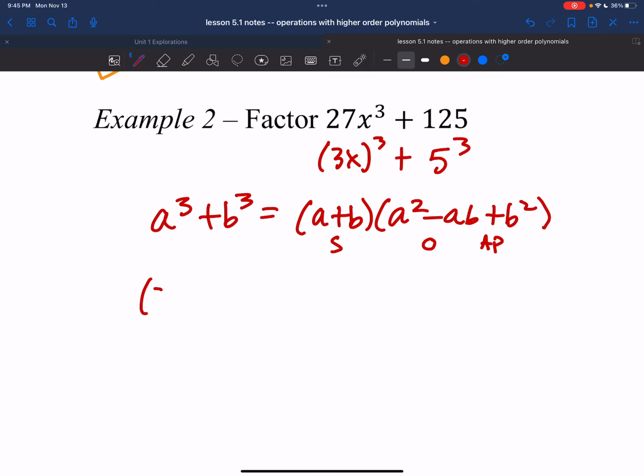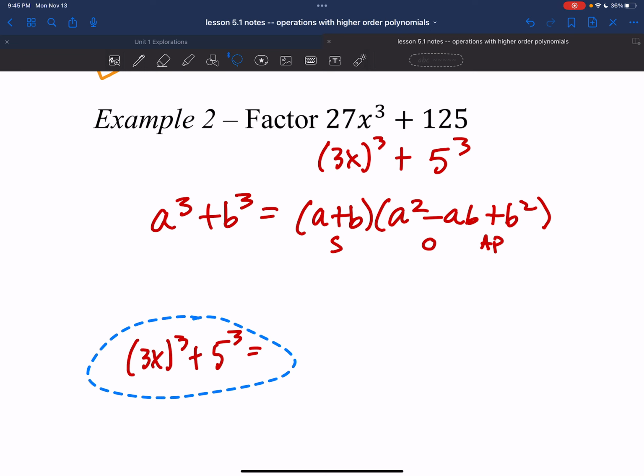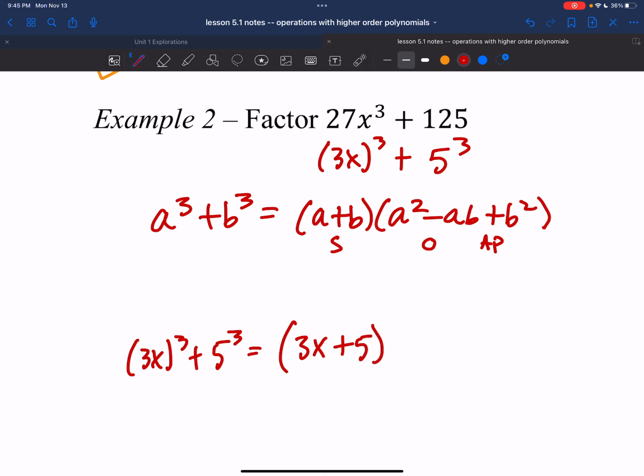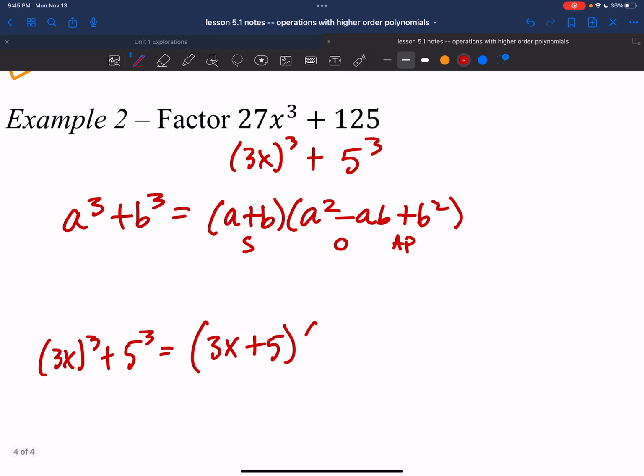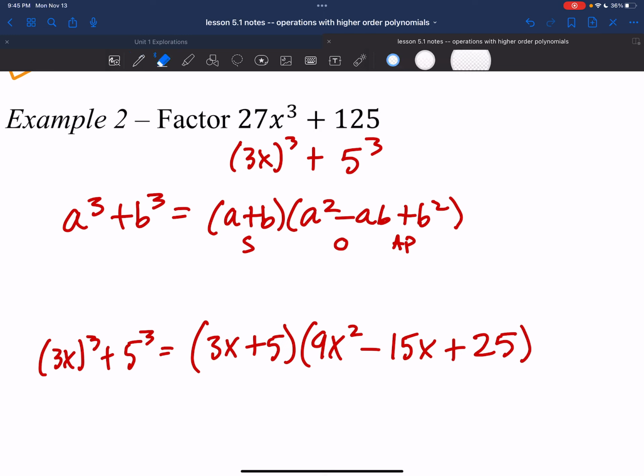So then 3x cubed plus 5 cubed factors as, well, a is 3x plus b is 5. Now think 3x squared is 9x squared because it's 3x times itself. Minus ab, that's 3x times 5, that's 15x, plus 5 squared is 25. And that is it.